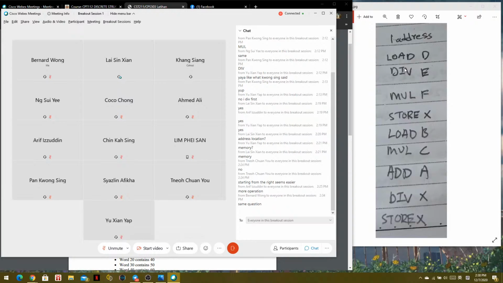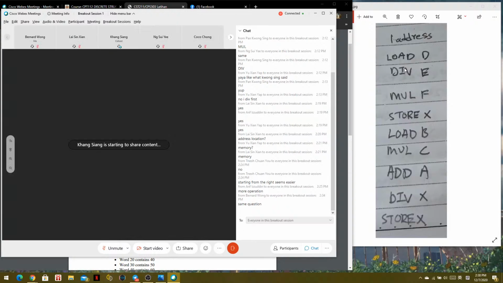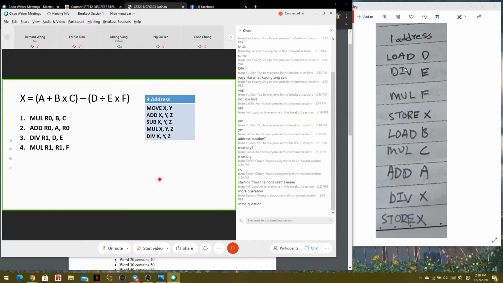Okay, I'll just share mine. If any problem, just let me know. I think mine is similar to what Xin Xian already shared just now. Just remember that for this one, it's B times C, then store in R0. Usually the operation occurs inside the register, not the memory.